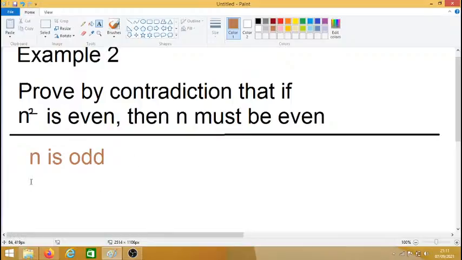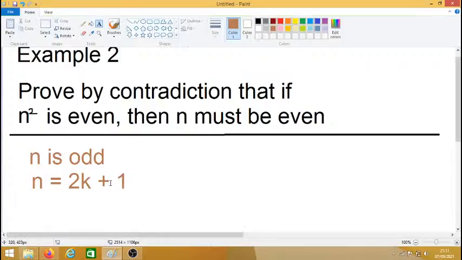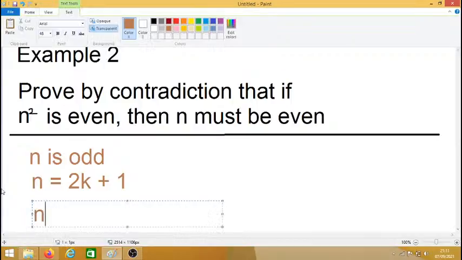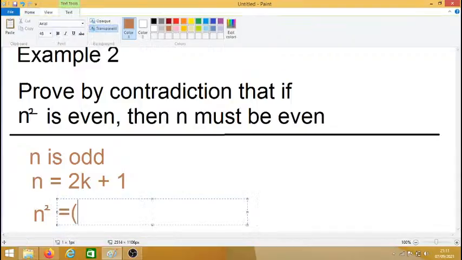Then if we remember from year 1, we can write odd numbers as a multiple of 2, add one more, so that will make sure it's an odd number. Then because we're trying to get a square number, we can say that n squared is going to be 2k plus 1 squared.